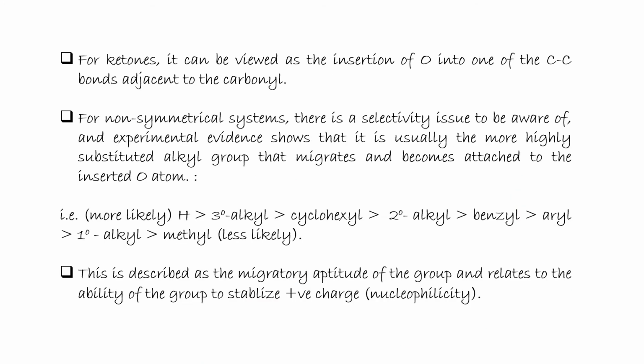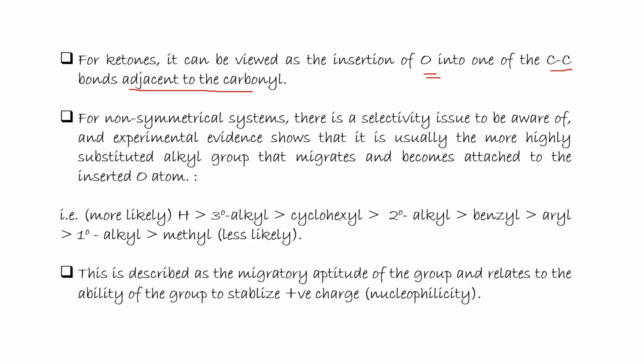For ketones, it can be viewed as an insertion of O into the C-C bond adjacent to the carbonyl. For a non-symmetrical system, there is a selectivity issue to be aware of.